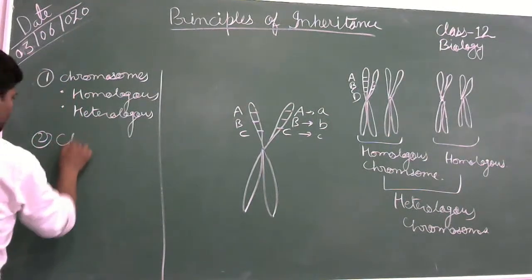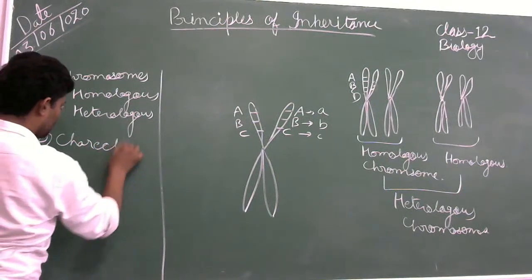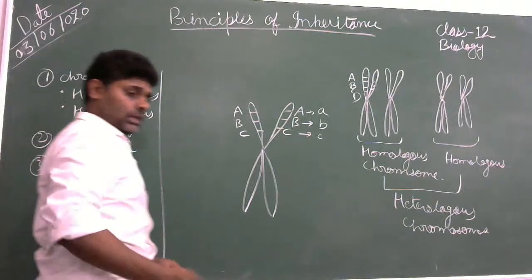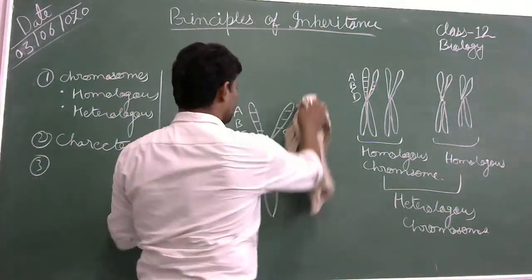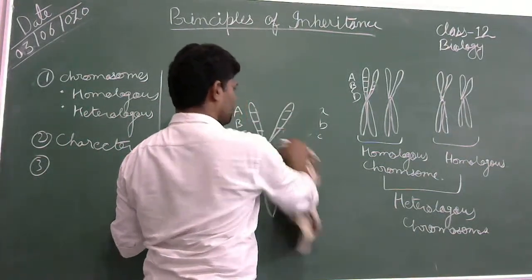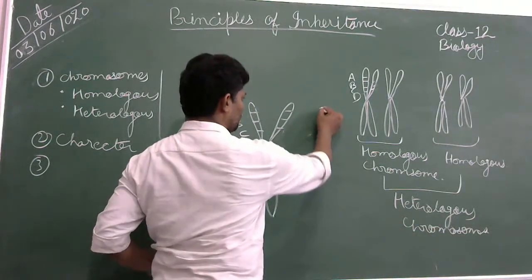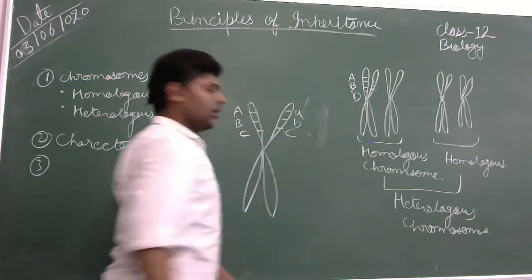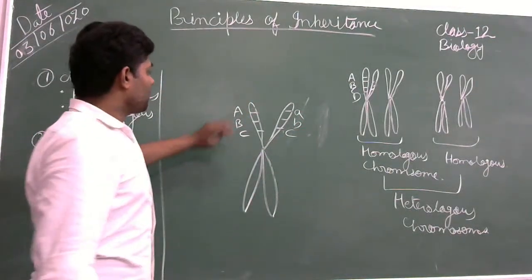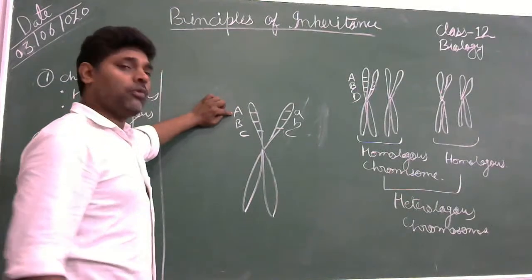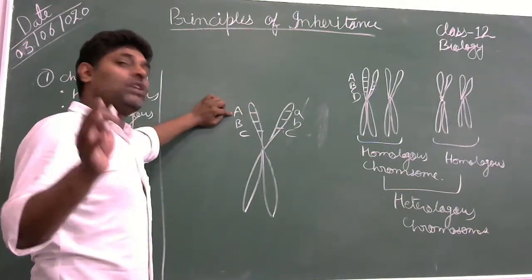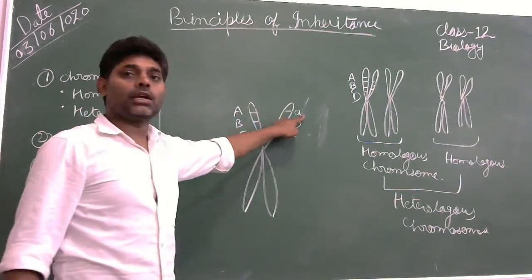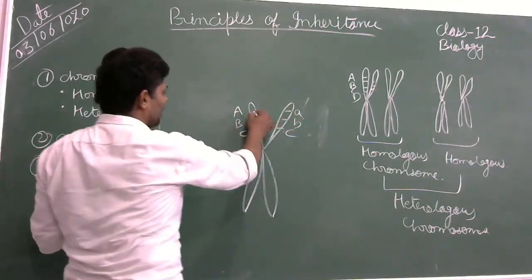The next thing is the character, and the third. Suppose it is responsible for a character, suppose height. So a tall, a small, a dwarf. So these are the traits.